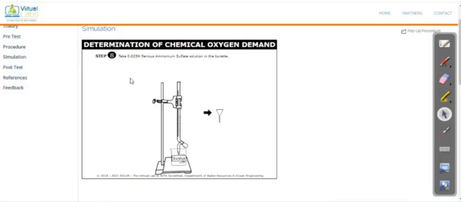In both cases we add similar amounts of chemicals, and both samples are kept into the COD digester, then taken out, and now we titrate these samples with the ferrous ammonium sulfate. So again place the funnel, remove the cap from the bottle, and pour the ferrous ammonium sulfate into the burette.